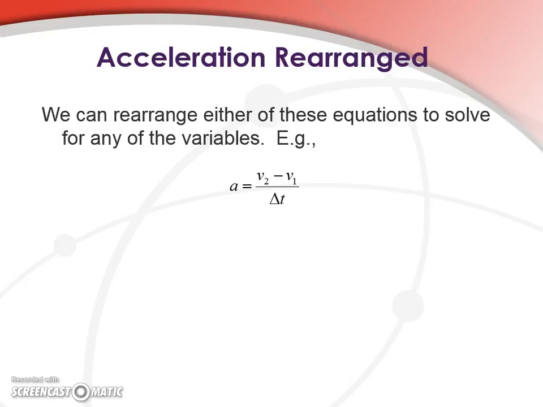So if we take our acceleration case, we can isolate for v2, our final velocity. And what are we saying? We're creating an expression where if we know the acceleration, the starting velocity, and the time, we can get v2. No great shock. And how do we do this? Well, first off, we need to get delta t off the bottom, so we multiply both sides by delta t.